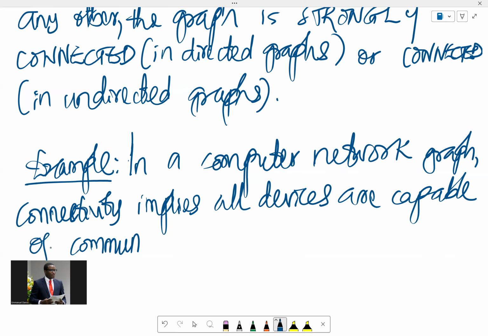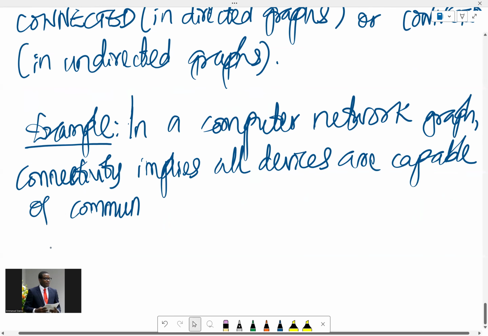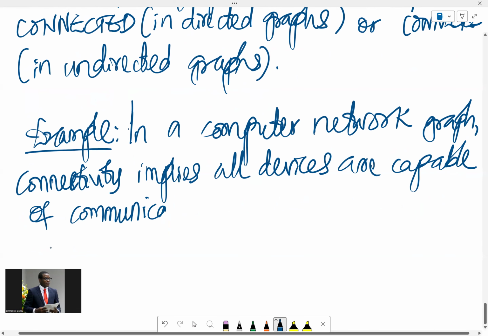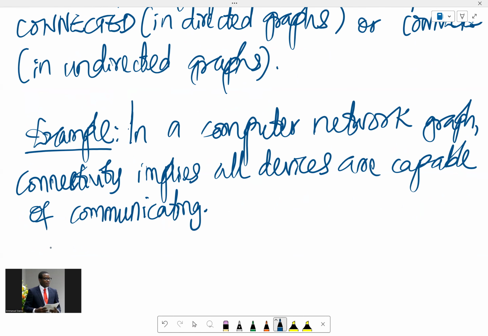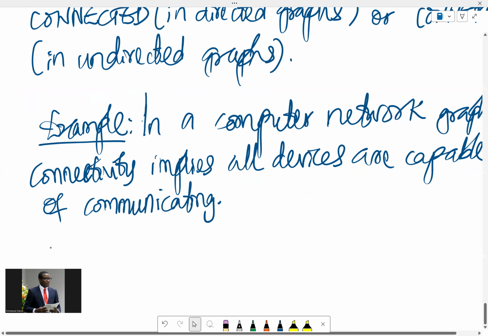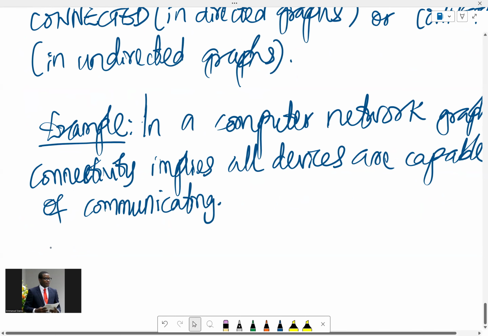The internet is a very good example of this. For instance, if you're in a room with Wi-Fi, as long as you connect all your devices to the Wi-Fi, you can send WhatsApp messages to all the devices, or send messages over the internet. That's connectivity, right?